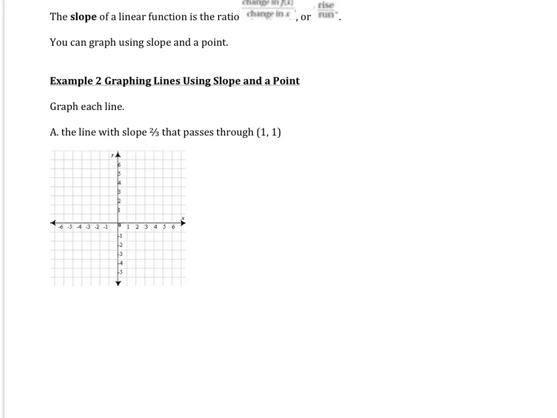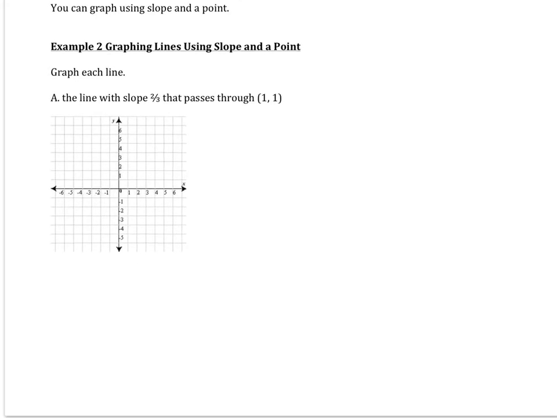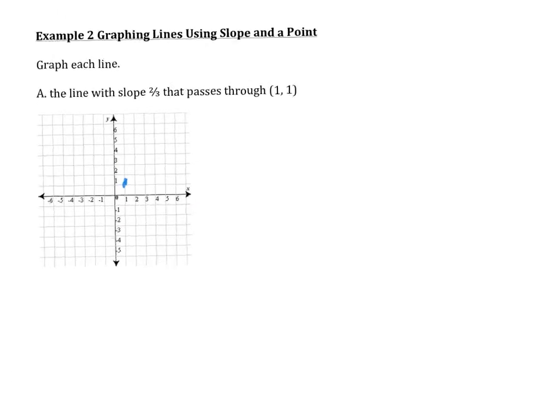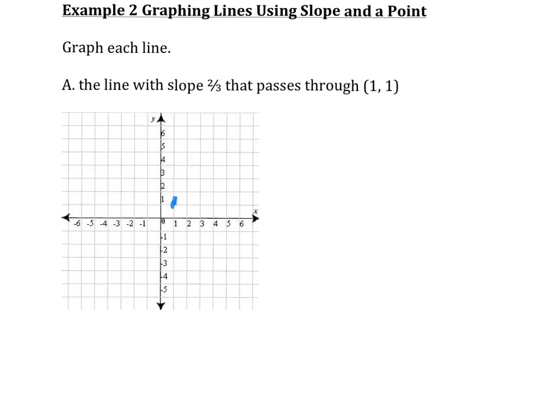So the first thing you do in graphing a line, given a slope and a point, is you graph the point first. So graphing the point 1, 1, then you use slope, which is rise over run, and plot other points.